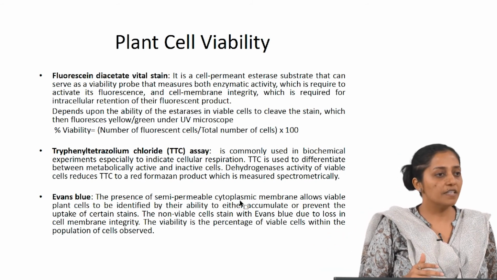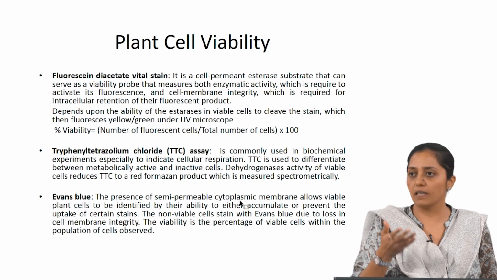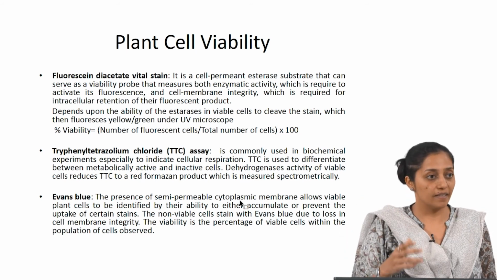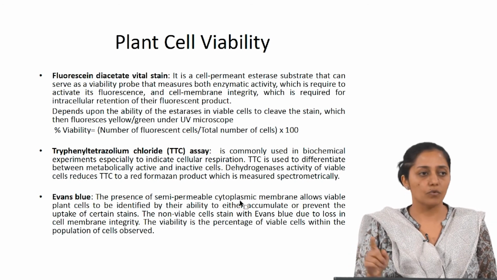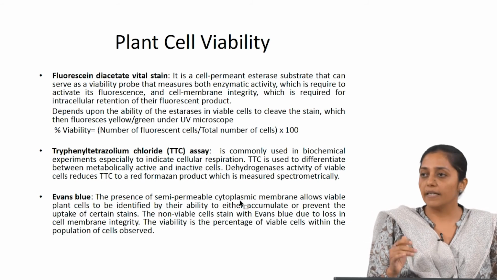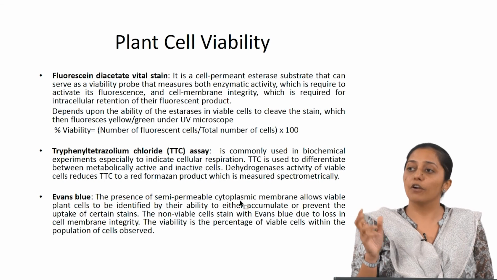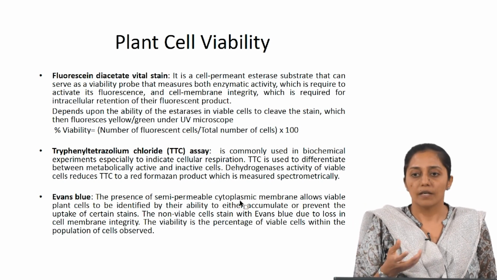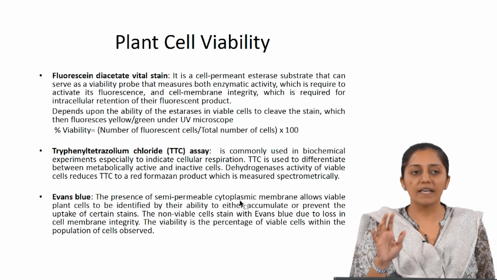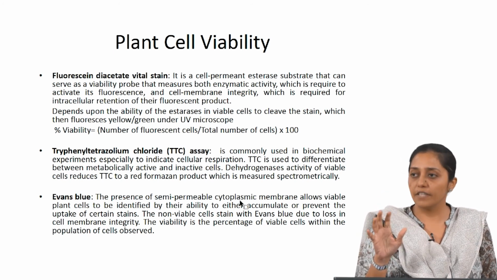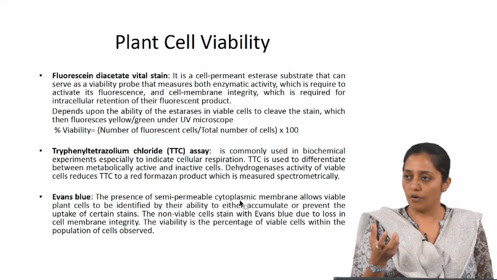The second way is using tetrazolium salts, which you must have heard of even in your animal cell cultures, the MTT assay. TTC is a triphenyl tetrazolium salt. It generally depends on the activity of dehydrogenase enzymes. The dehydrogenases signify the metabolic activity of the cell, because it shows whether the mitochondria are actively functional or not.